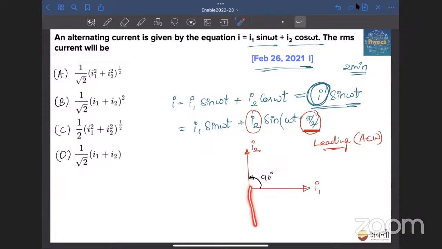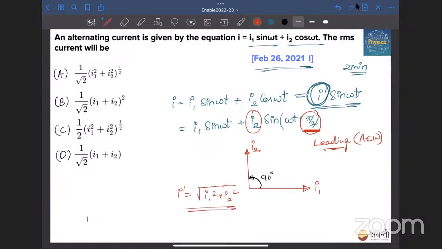If I had drawn I2 downwards, it would be lagging, behind I1. If I want the resultant, we will use Pythagoras. So I dash is equal to under root of I1 square plus I2 square. This is the resultant current.